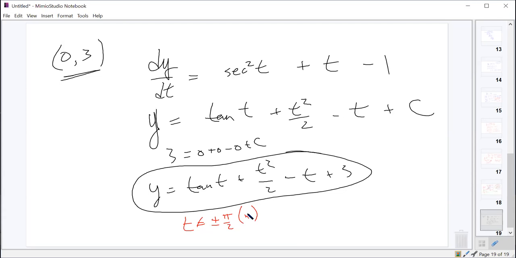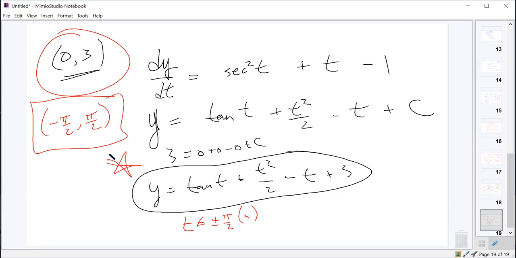If they do ask for the domain restriction or the interval of validity, you have to pick the single piece of the domain that includes your initial condition. In this case, it needs to include 0, so that would be from negative pi over 2 to pi over 2.